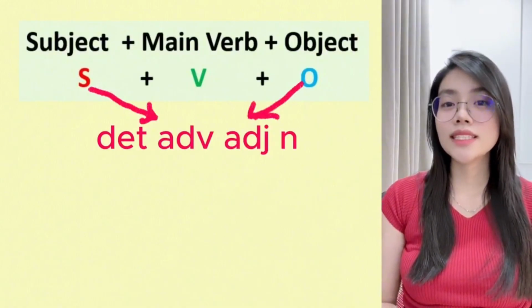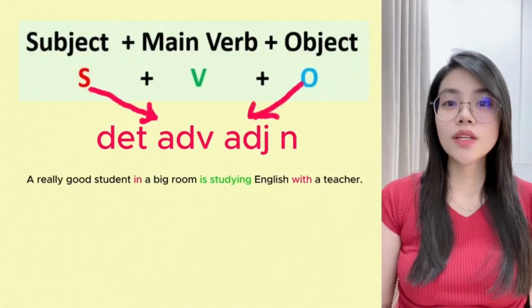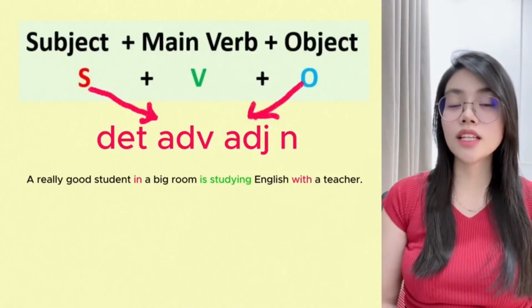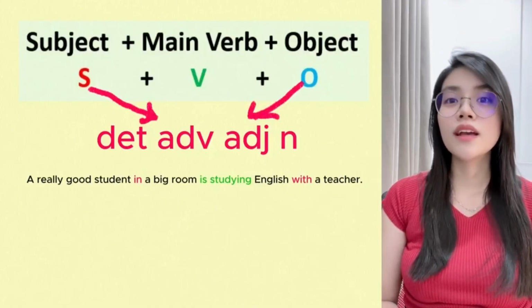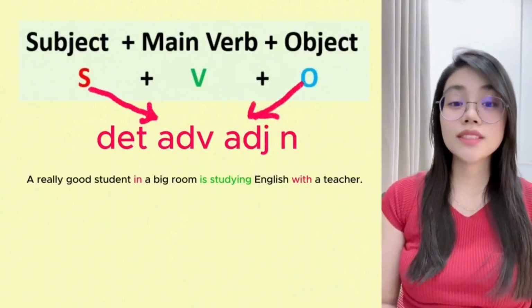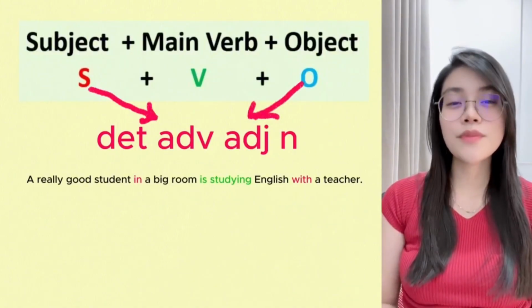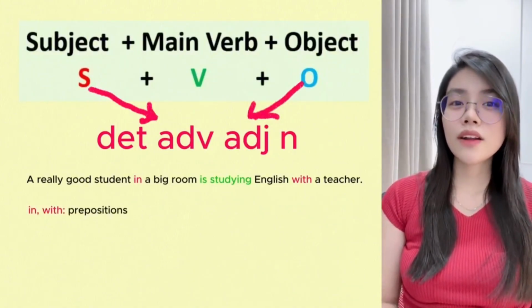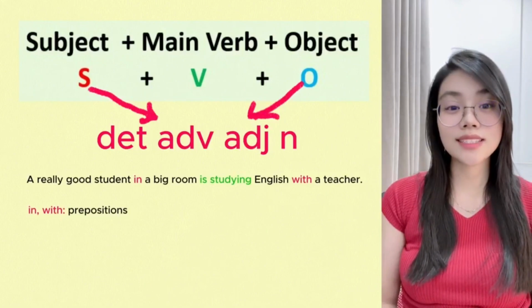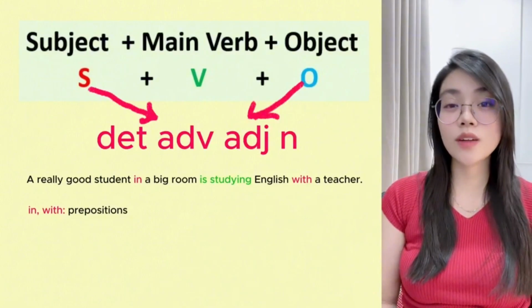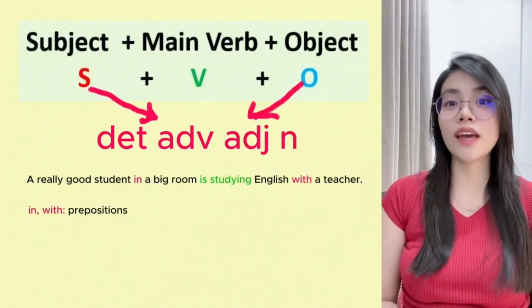Let's take a look at this sentence. A really good student in a big room is studying English with a teacher. Here, you can see the words in and with. These are prepositions. What are they used for in the sentence? Yes, they are used to connect nouns or noun phrases together.